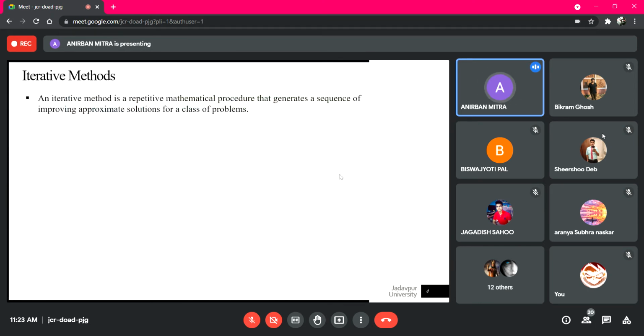It is a repetitive mathematical procedure that generates a sequence of improving approximate solutions for a class of problem. And this is based on an idea of successive approximations.